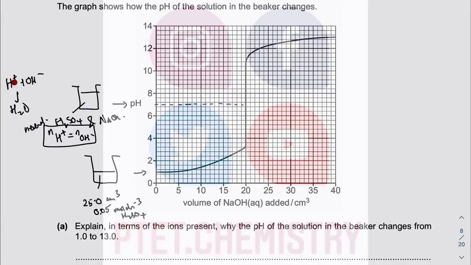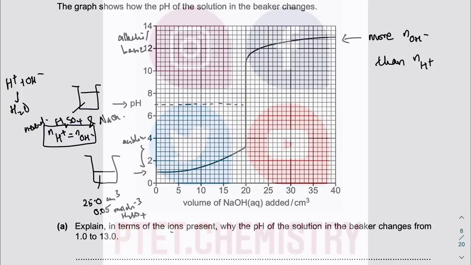When the mole of H plus equals the mole of OH minus, you're going to get water, pH 7. Remember, beyond that point, you're going to have more hydroxide than H plus, because you keep on adding hydroxide. So more mole of OH minus than the mole of H plus. Therefore, it becomes alkaline. So this is alkaline or basic. Here you have acidic.